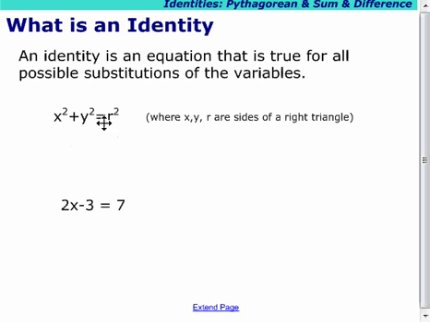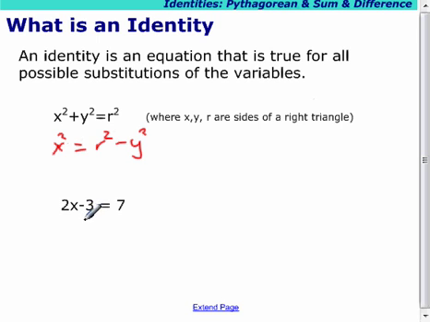So in an equation, if I saw an r squared, I could replace that with x squared plus y squared. Also, I could manipulate this, and I could maybe move the y squared to the other side and subtract it. And so, anytime I saw an x squared, I could replace it with r squared minus y squared. So this is something that's true for all possible values of x, y, and r in a right triangle.